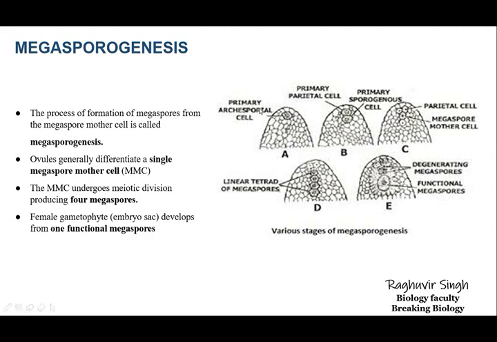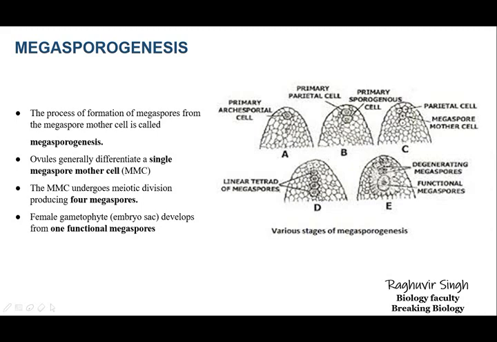This is the primary archesporial cell. Now this archesporial cell divides to form an outer primary parietal cell and an inner primary sporogenous cell. This primary sporogenous cell directly acts as the megaspore mother cell. This megaspore mother cell now divides meiotically to form 4 haploid megaspores.